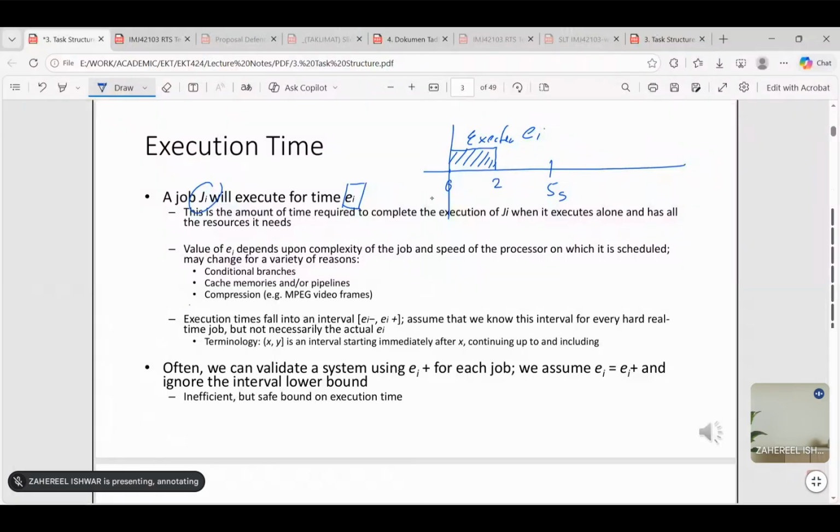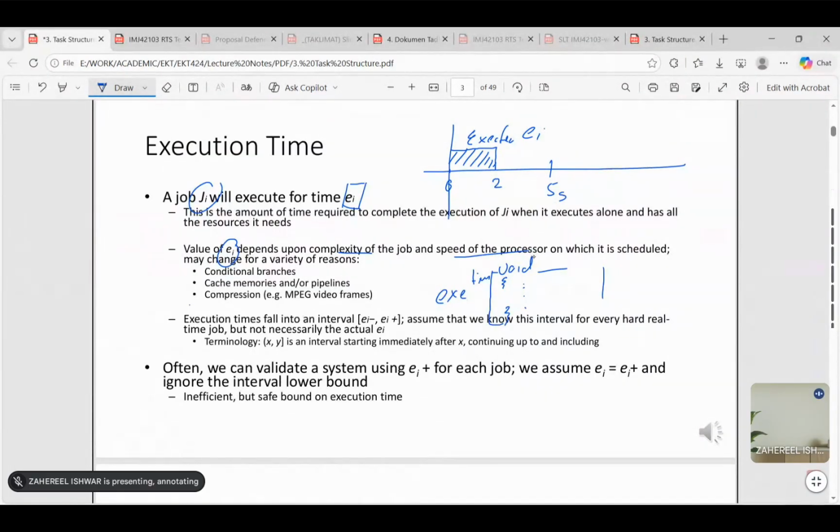Any questions so far? Simple, right? Now, the value of E sub I depends upon the complexity of the job and the speed of the processor on which it is scheduled. To understand execution time, let's say you write a piece of code to do something. You write a function, void, open curly bracket and close curly bracket in C. Whatever you did inside here, from the point in time it starts until the end, that is the execution time.